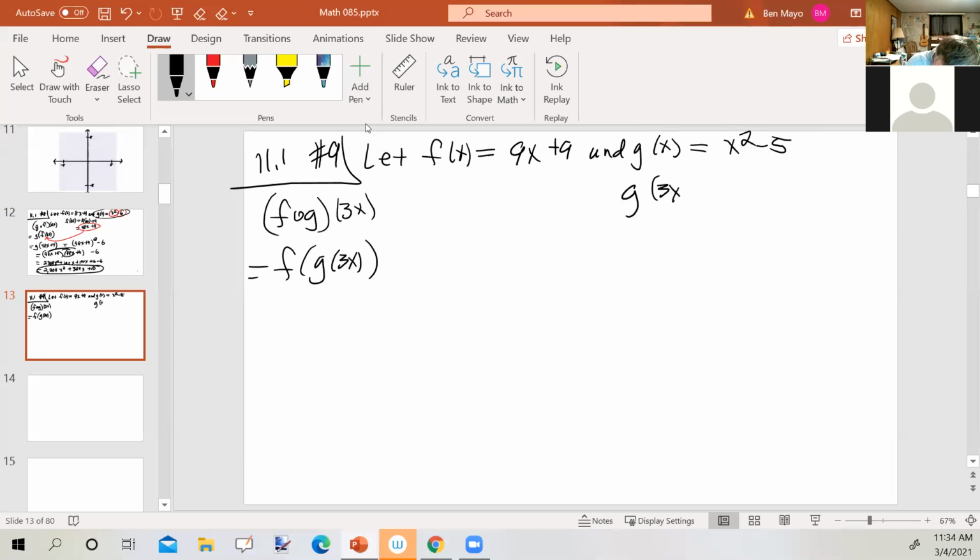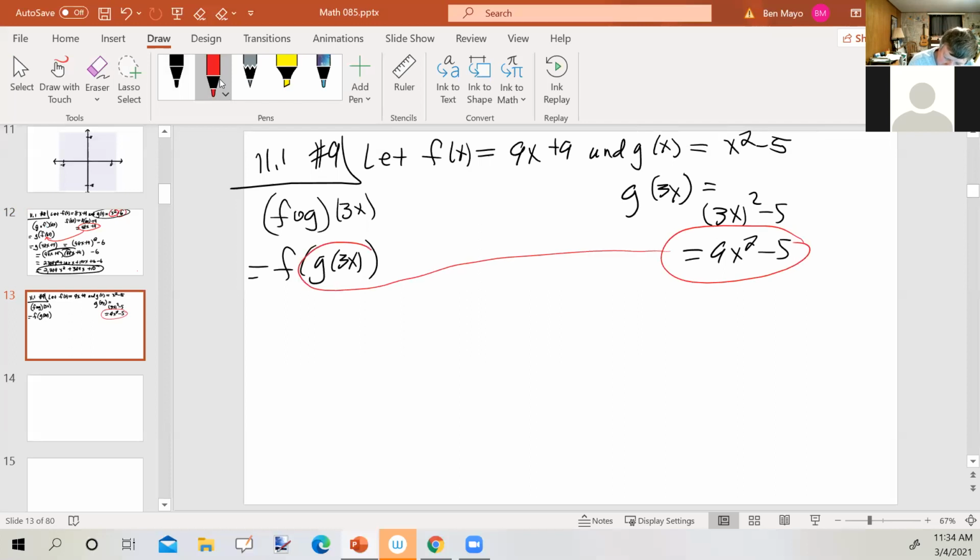G of 3x equals 3x, the quantity squared minus 5, which would be 9x squared minus 5. So that gets substituted in the place of g of 3x, which gives us f of the quantity 9x squared minus 5, and that's going to go in here.